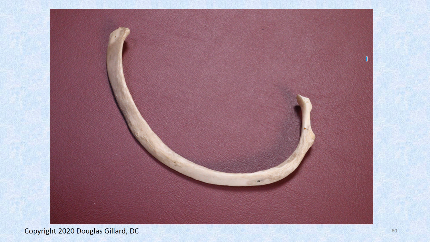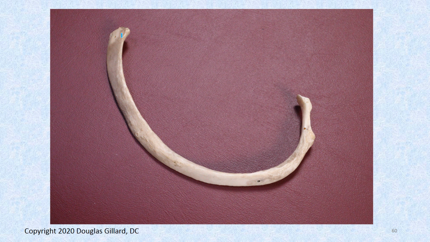So here's a real human rib. Tell me which is the anterior end while I take some water here. You got it. I said the anterior end is flat. Which end is flat?